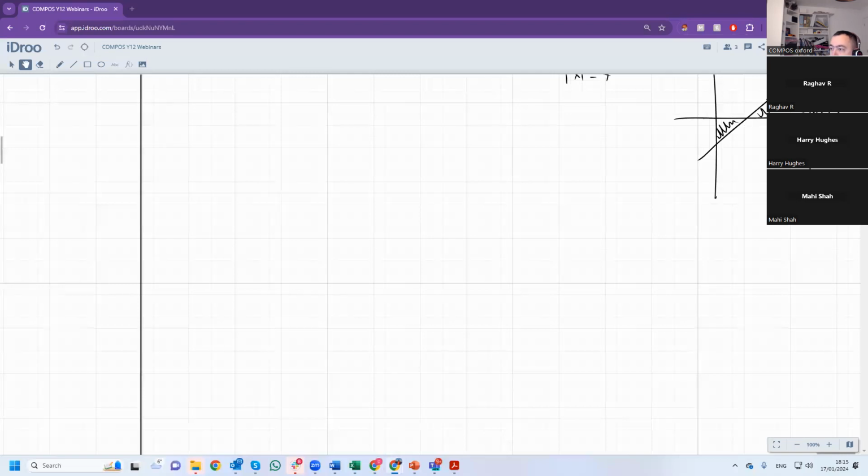Rahul, try n equals 2, then try n equals 3, then try n equals 4, and see if there's a pattern.